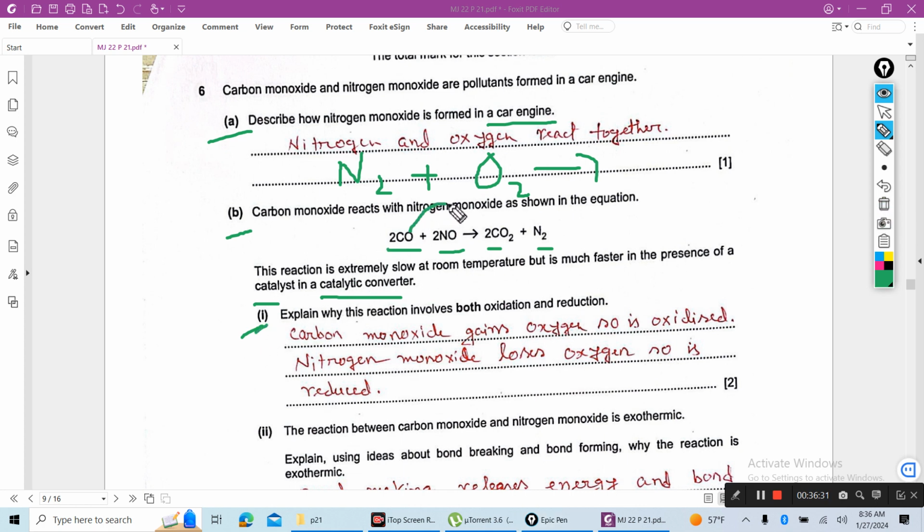Carbon monoxide goes to carbon dioxide, so carbon monoxide gains oxygen, it is oxidized. Nitrogen monoxide loses oxygen, so it is reduced.